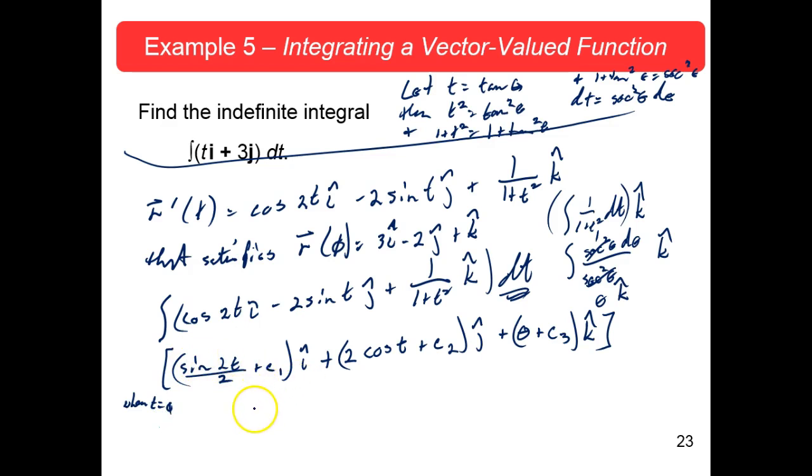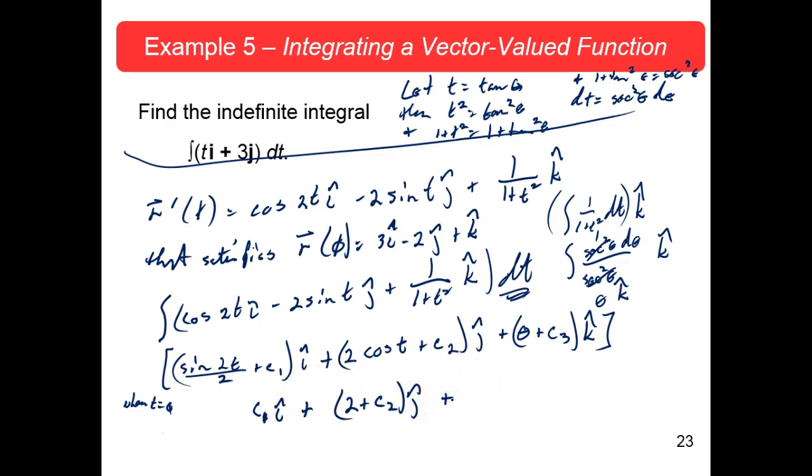So this just gives you C1 i plus, now when t is 0, what is cosine? 1. So this will be 2 plus C2 j, right?